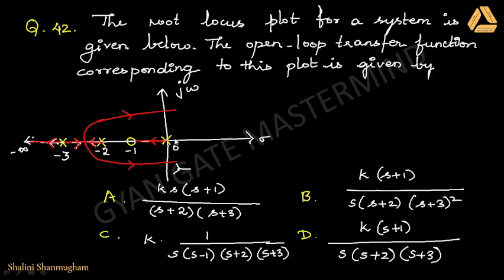We'll just see how many poles there are. Here a pole is there at the origin, at s = -2 and at s = -3.